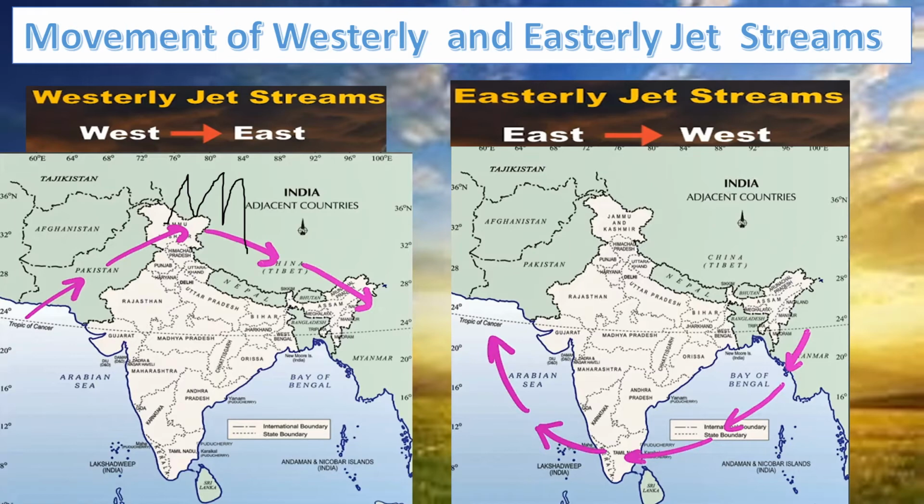Since the wind is blowing from the Mediterranean Sea, it carries lots of moisture, and when it comes in contact with the Himalayan mountains, it is forced to drop it as rain or snow. So this is how the northern or northwestern part of India receives heavy rainfall during the winter season.